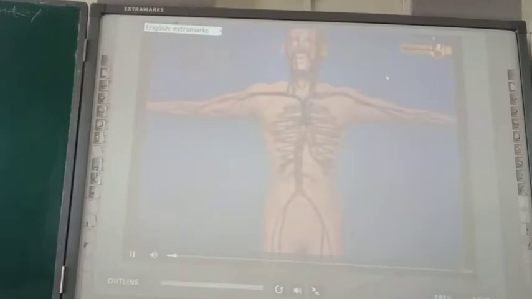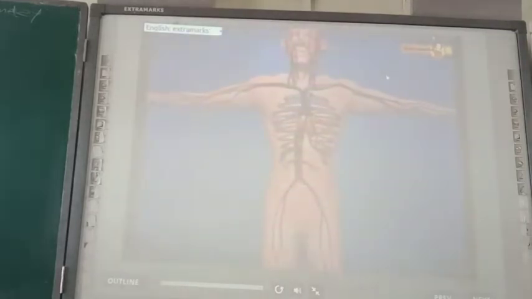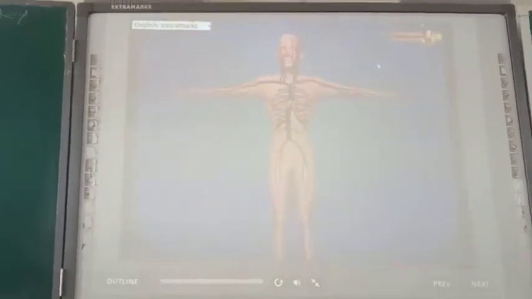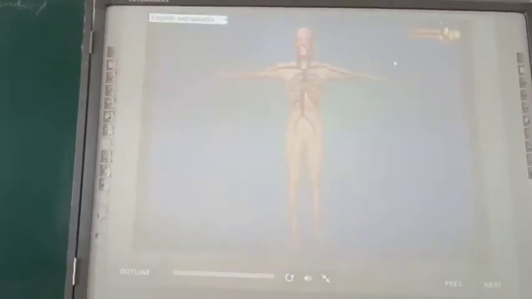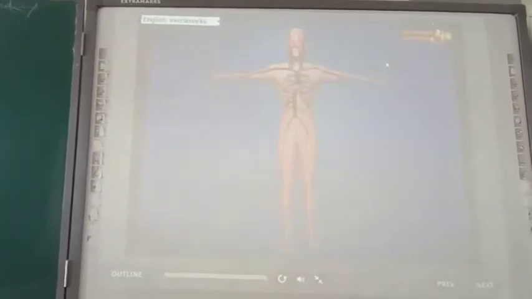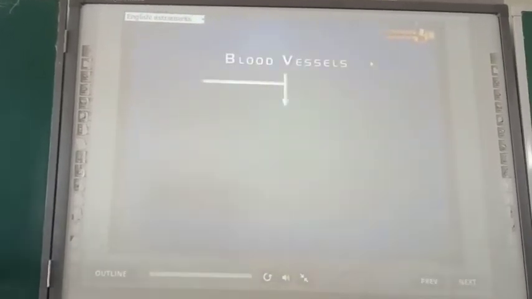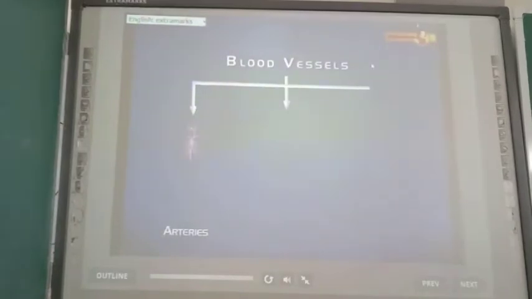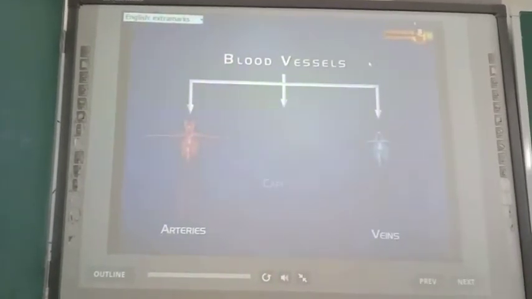In man, blood always flows in closed vessels or tubes throughout the body. This is called closed circulatory system. The blood vessels which carry the blood are of three types: arteries, veins, and capillaries.